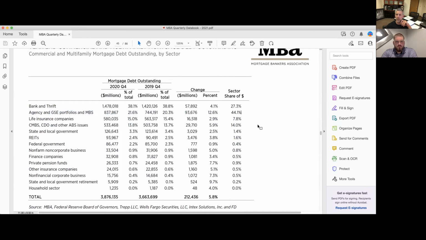Wow, 44%. And then banks do almost 30. CMBS, 14. And then everybody else, REITs, state and local government, but pretty much the predominance is right here, those food groups we're talking about.